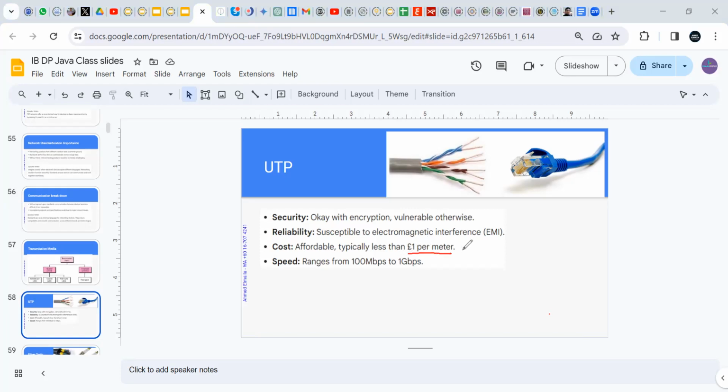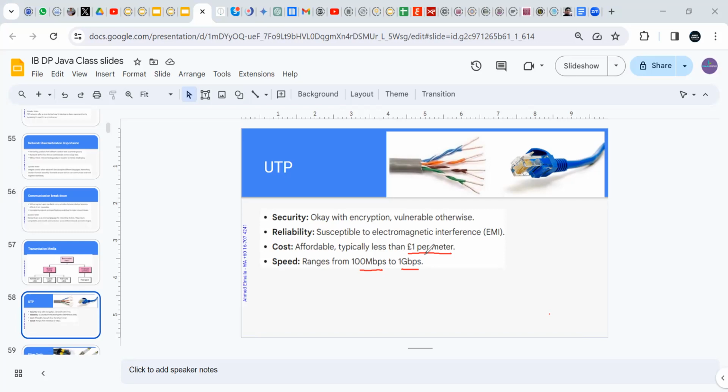It can be only £1 per meter, or I believe I bought 10-meter cables for maybe 15, maybe 20 to 30 ringgit. So that's quite cheap, right? Yes. And the transfer speed is 100 megabit per second to even 1 gigabit per second, right?